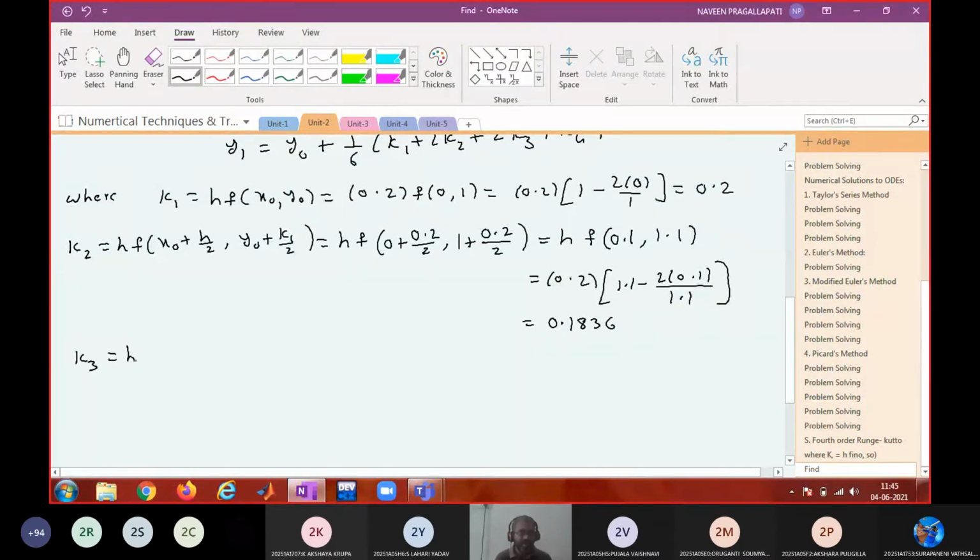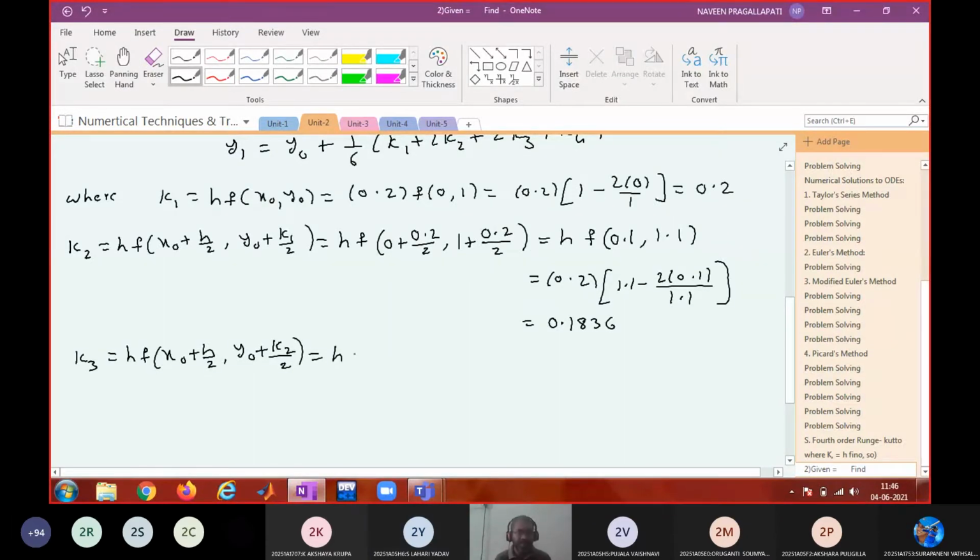k3 is h into f of x naught plus h by 2, y naught plus k2 by 2. Others also got the same value for k2. Yes.